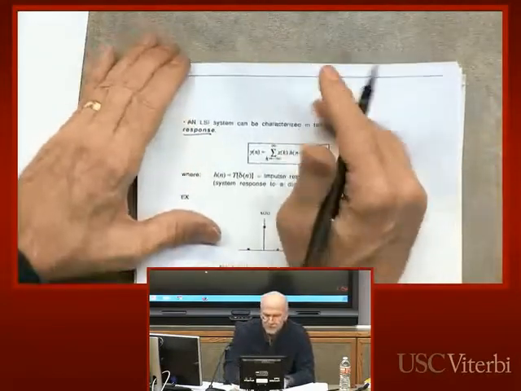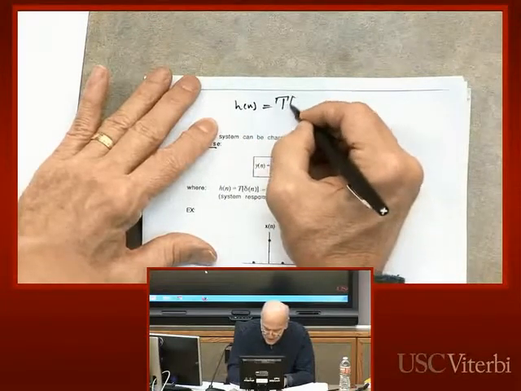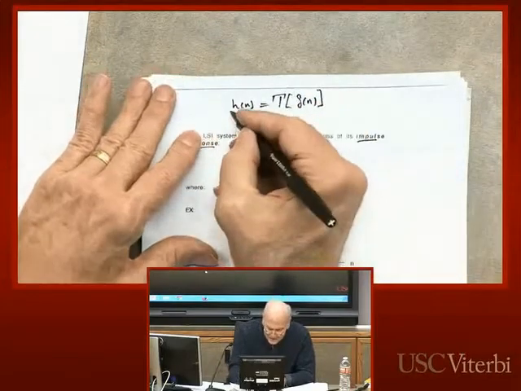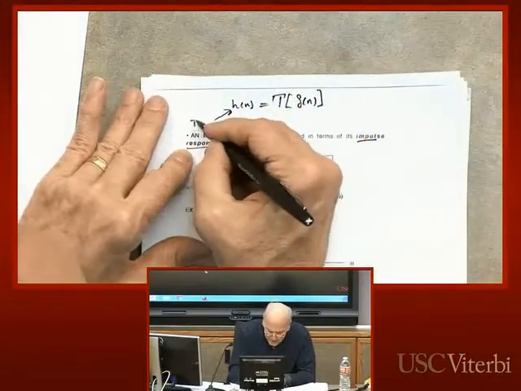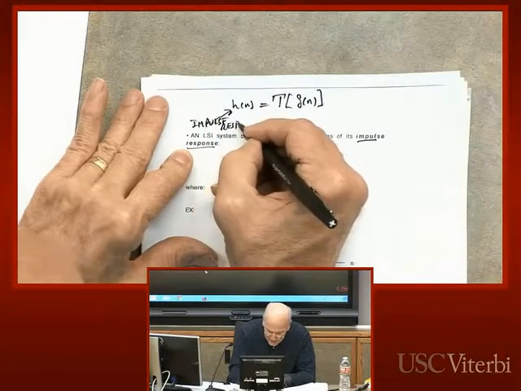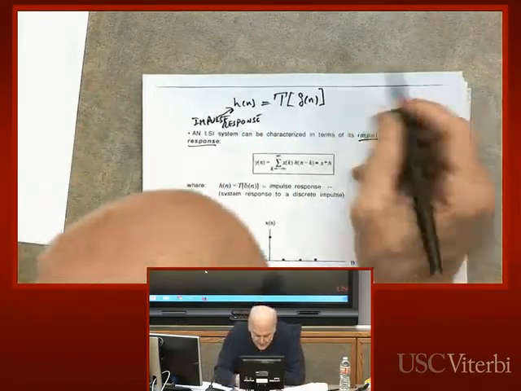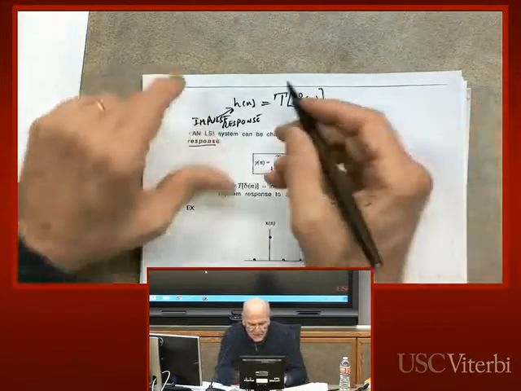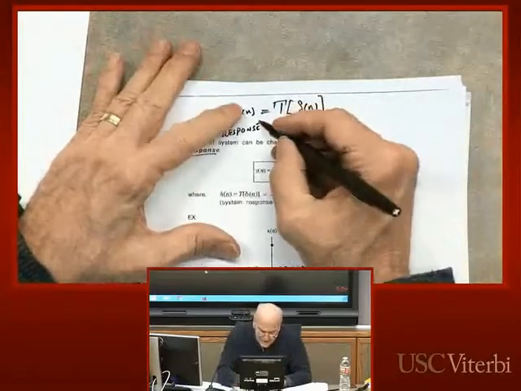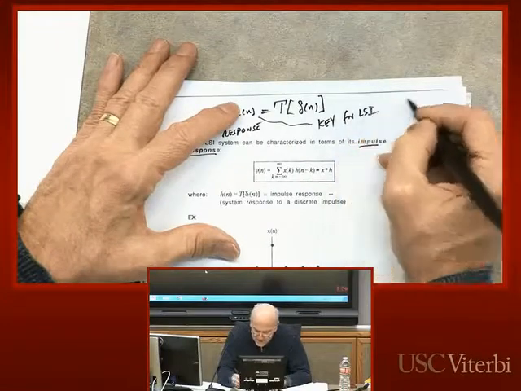If you feed into a system our friend the delta function, the output h of n is defined to be the impulse response. Pretty simple. It's just the response of a system to an input impulse signal. It turns out this h of n plays a very, very important role for LSI systems. So this is key for LSI systems.